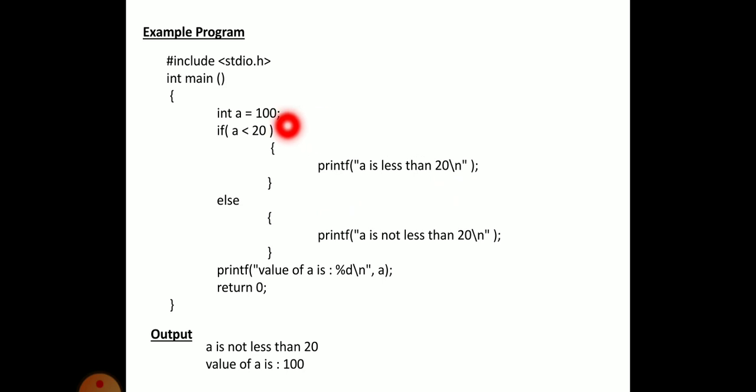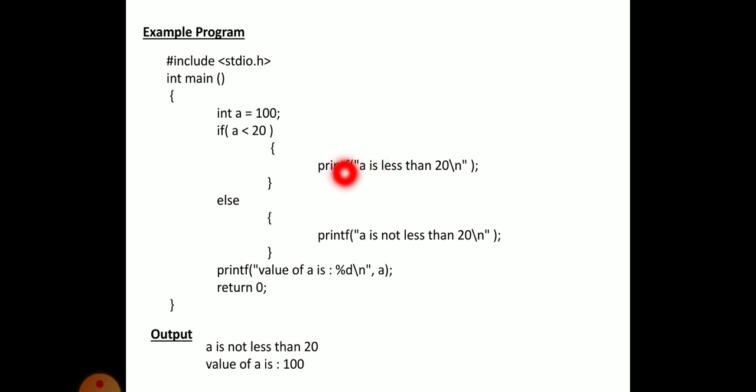But in this case, a is given a value that is greater than 20, a equal to 100. So in this case, a is 100. So the condition given inside the if will become false. A less than 20 condition is false. So in this case, the printf statement will be skipped.